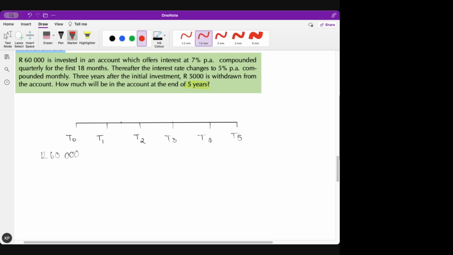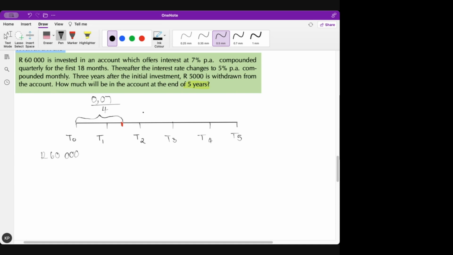So that would be there somewhere. So for the first 1.5 years, this would be 0.07 compounded quarterly. So that would be 4 times a year.